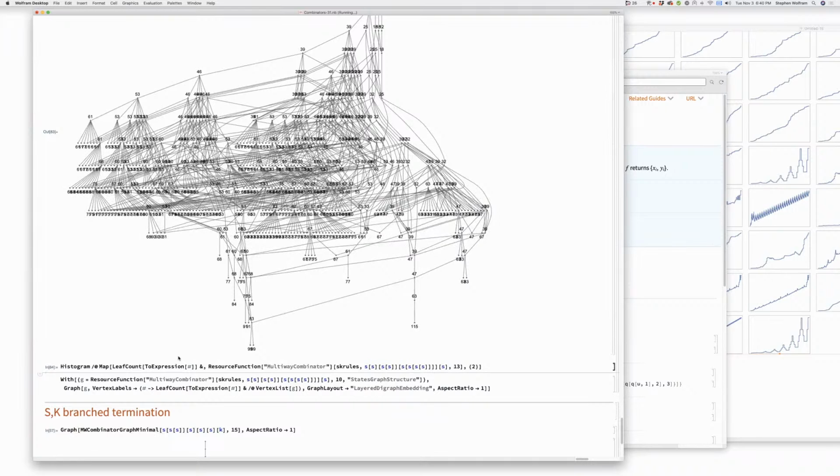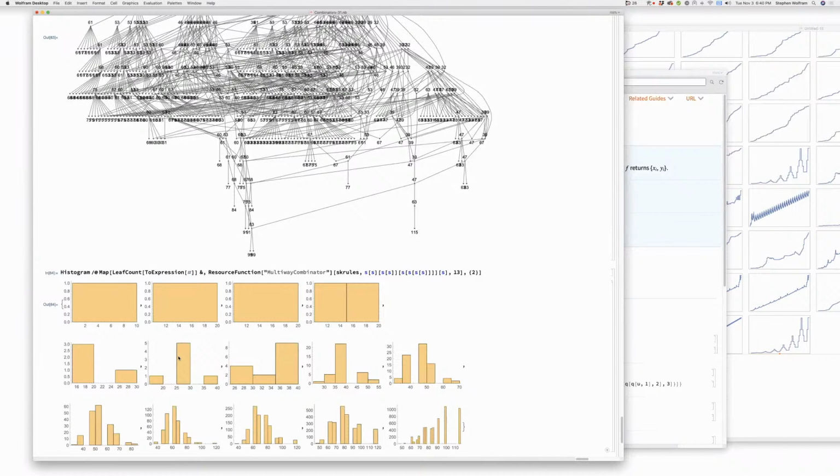Okay, so what this should do, if it all went according to plan, is generate the set of expressions at each level. Here we go.